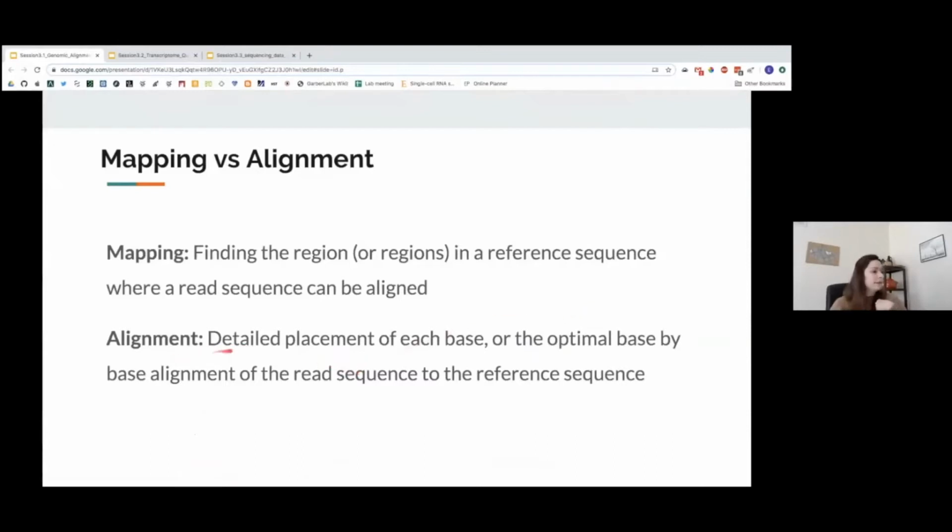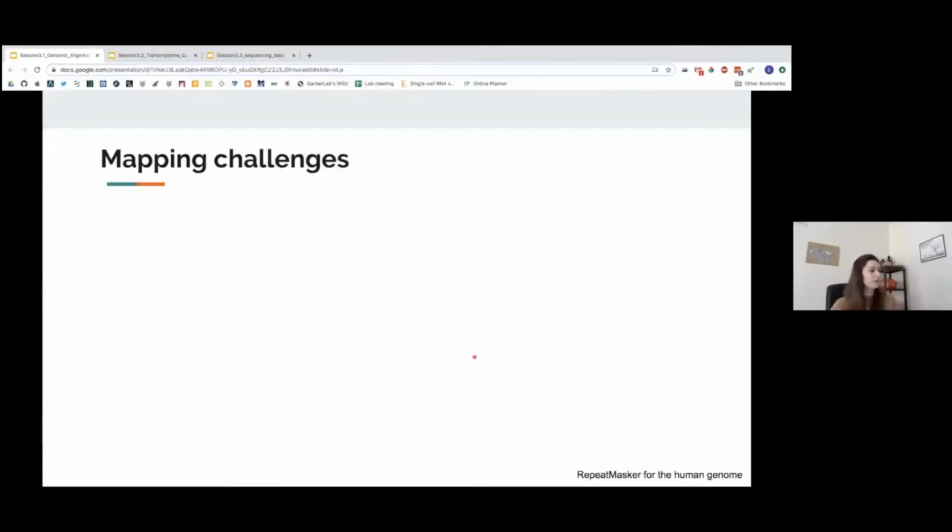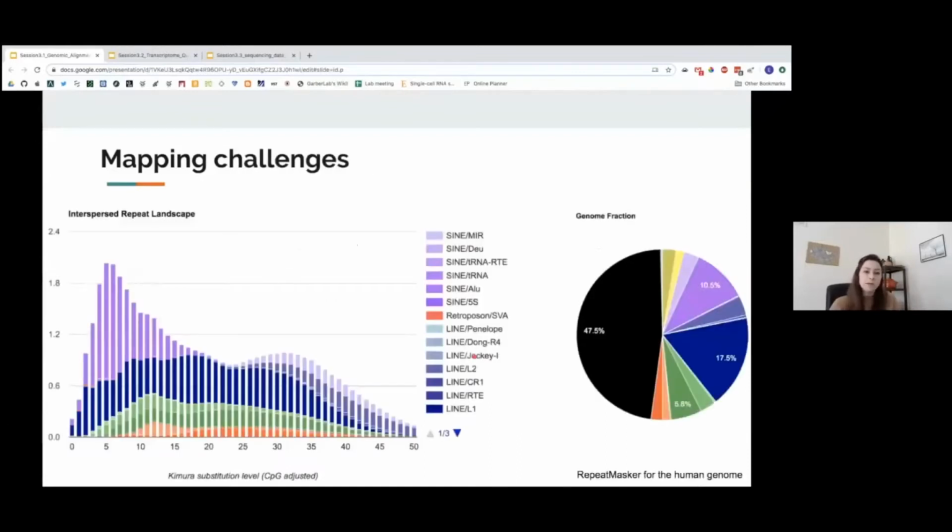Alignment is the detailed placement of each base in that read, the optimal base-by-base alignment of the read sequence to your reference sequence. For each mapped location, you can examine the alignment and observe if there are any mismatches, gaps, insertions, or if it aligned perfectly to the genome, which is not usually the case.